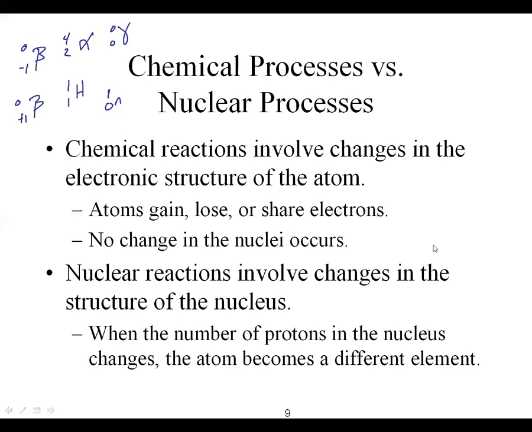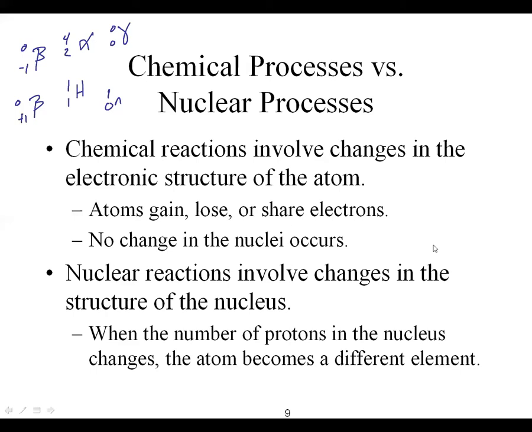They're either gained, lost, or shared, but there's really no change to the nucleus of those atoms. That's important because in the nucleus you have your protons and your neutrons. If no change occurs to the protons or neutrons in a chemical reaction, that is why we see conservation of elements as you go from reactants to products.